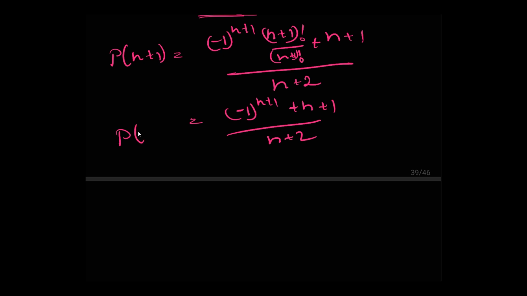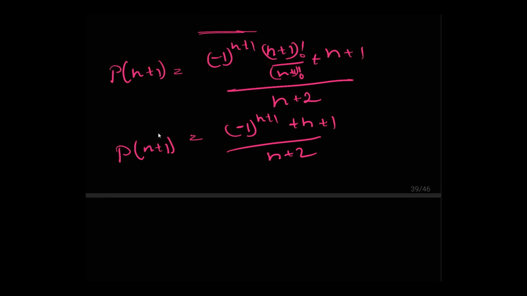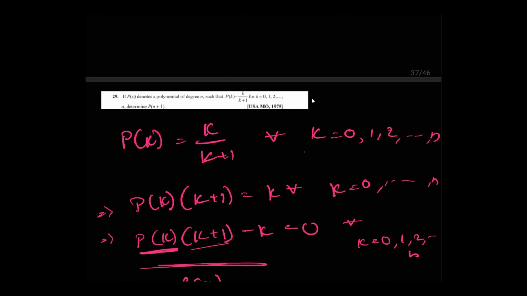Depending on n, whether it is odd or even, we get the final value. Therefore, p of n plus 1 will be minus 1 whole power n plus 1 plus n plus 1 by n plus 2.